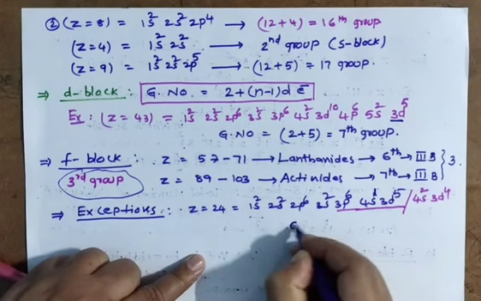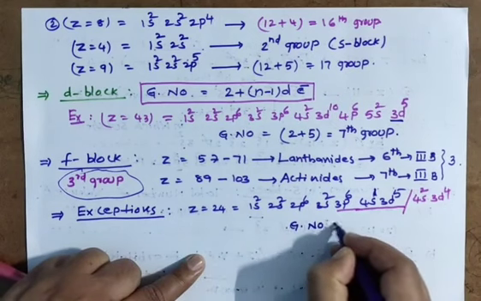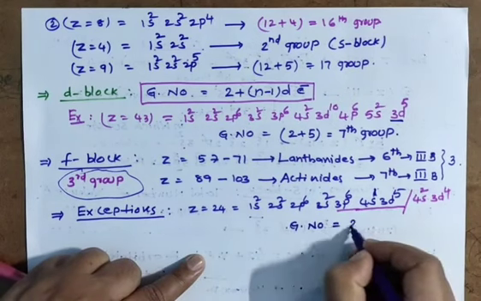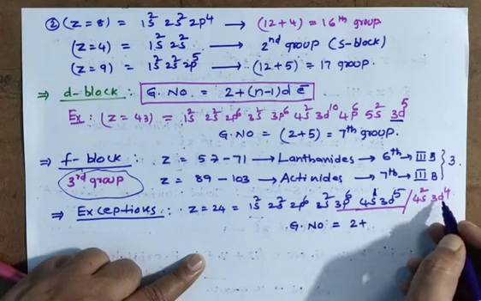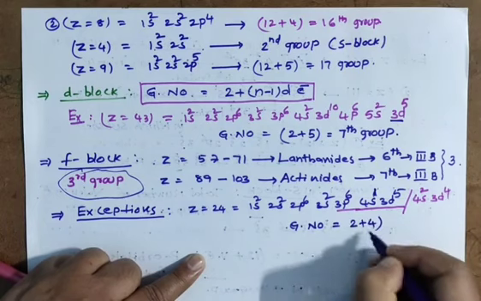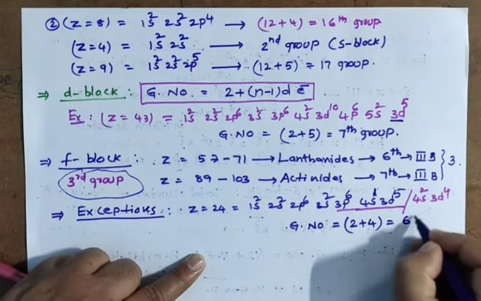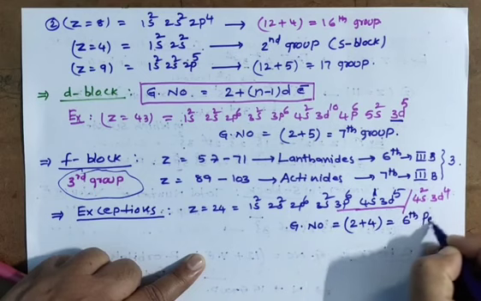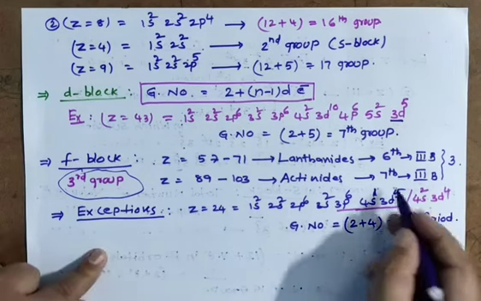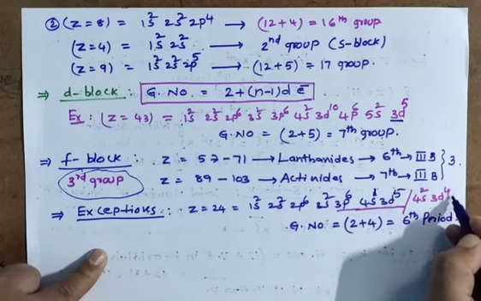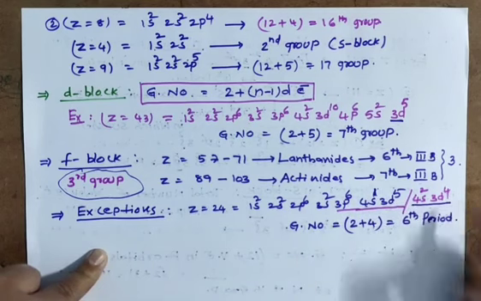Now group number equal to 2 plus, because this is a D block element, that is chromium, 4. 5 should not be taken. This belongs to 6th group. Exception case. You have to take this configuration.